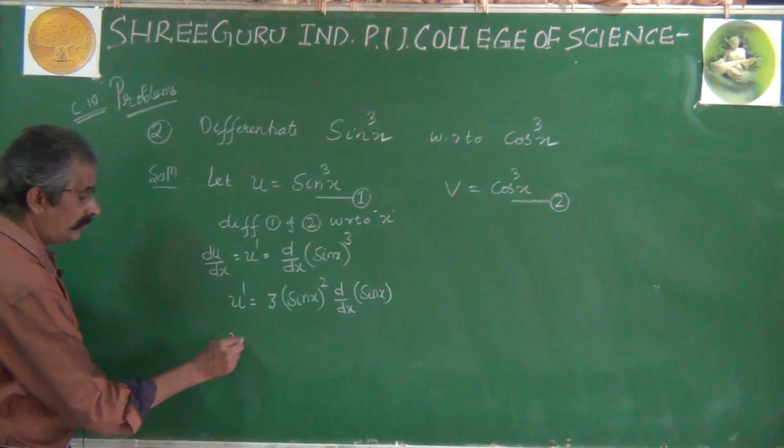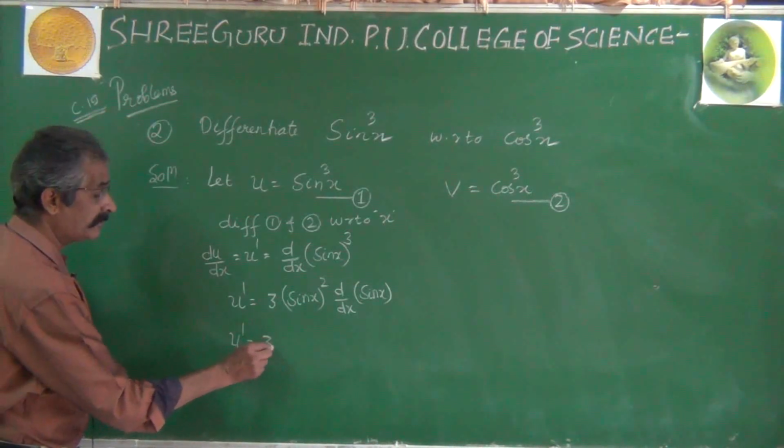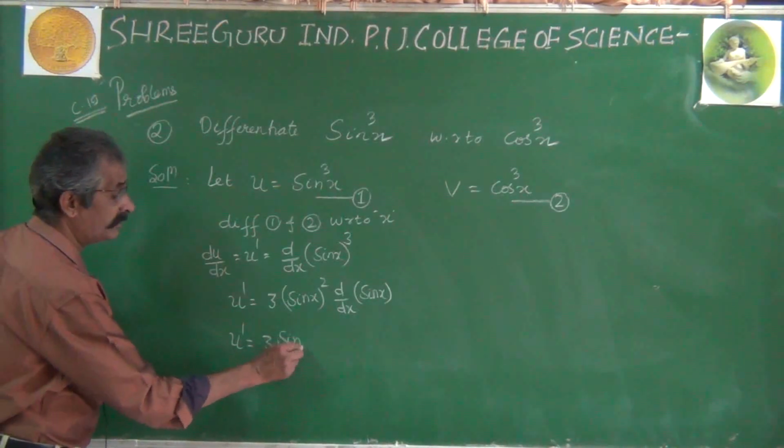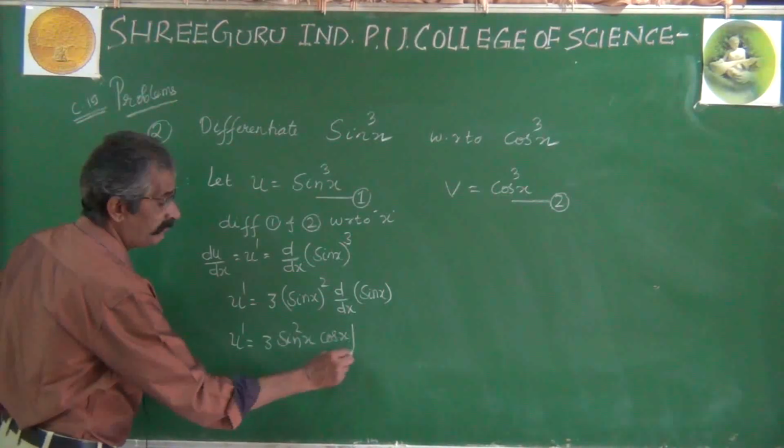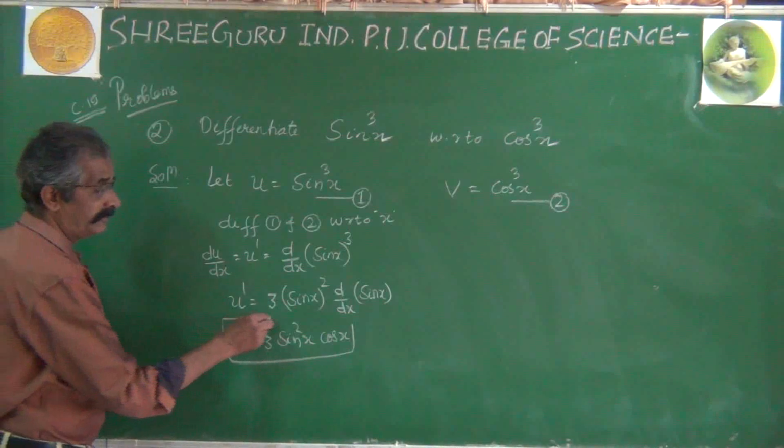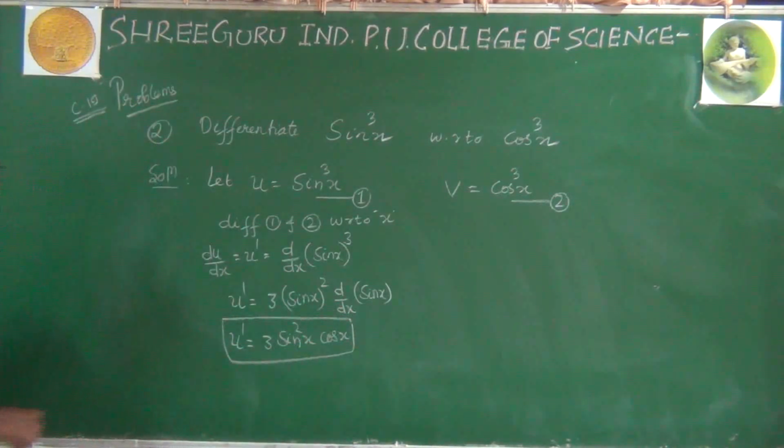Or u dash equals 3 sin square x into derivative of sin x, which is cos x. Better highlight it, means underline it.